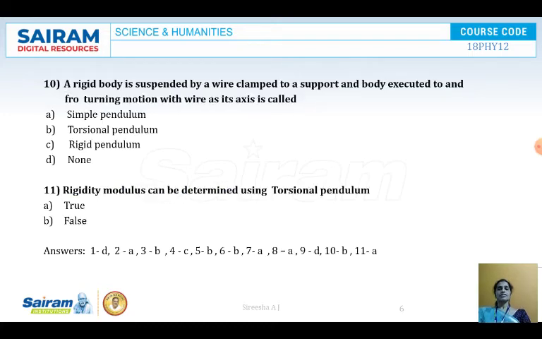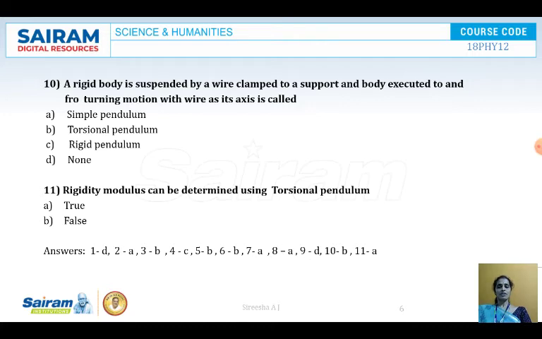Next, a rigid body is suspended by a wire clamped to a support and the body executes to and fro turning motion with the wire as its axis. This is called? Simple pendulum, torsional pendulum, rigid pendulum, none of the above. A simple pendulum makes to and fro motion along the horizontal direction, but here a rigid body is suspended by a wire clamped to a support and executes to and fro turning motion, that means a twist with the wire as its axis.